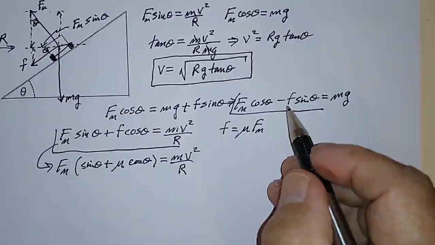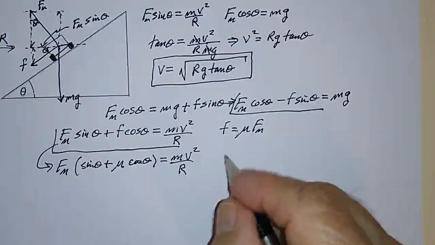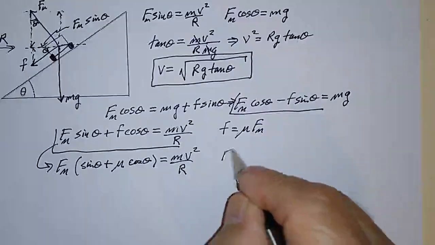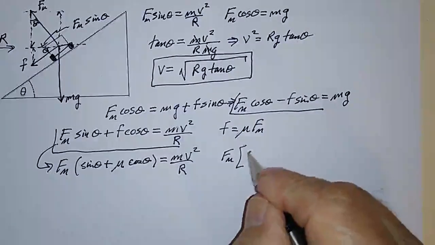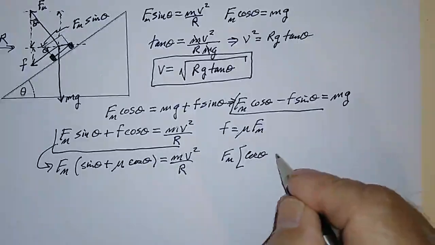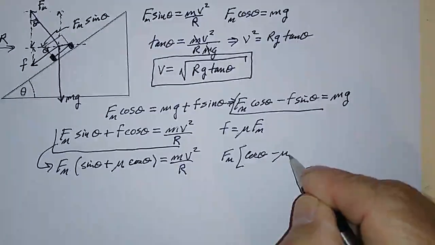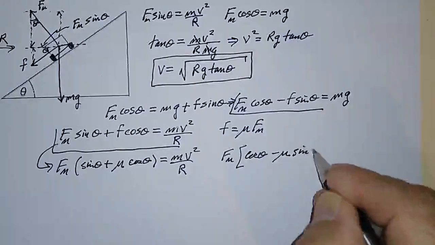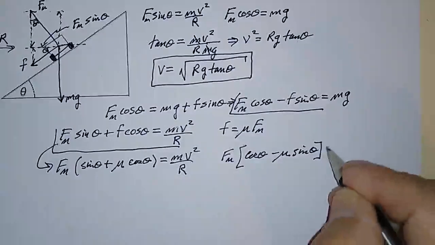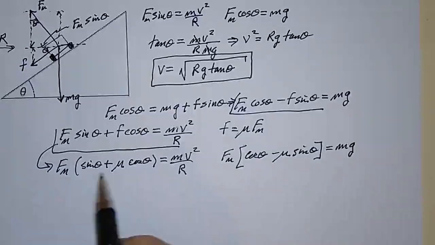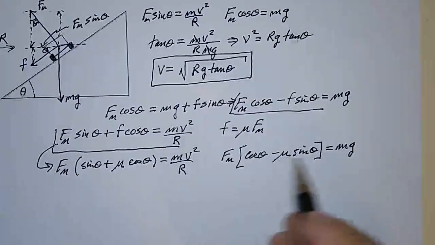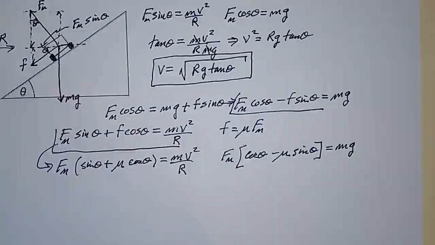And from this equation up here, I'm going to write that one as Fn times cosine theta minus mu times sine theta, and that's equal to mg. And once again, I'm just going to divide this equation by this equation to get rid of the Fn.